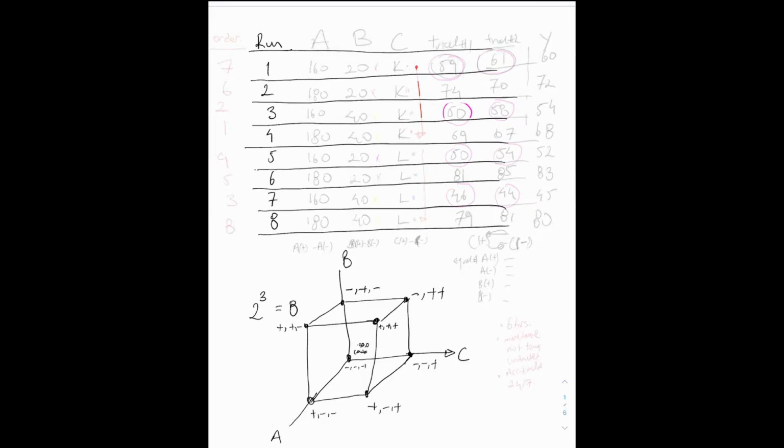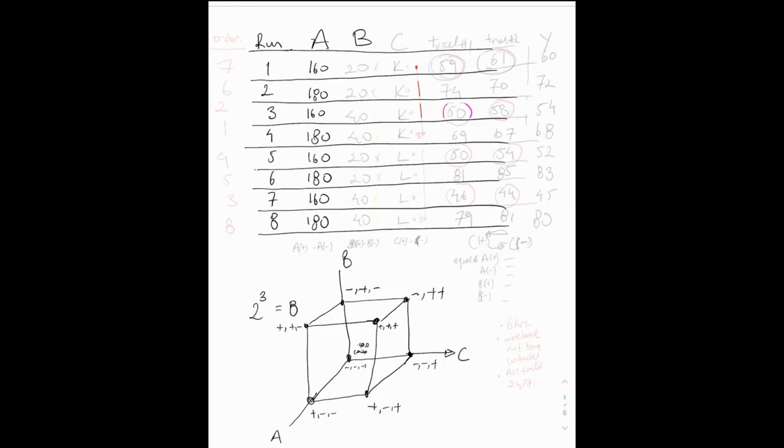So I'm going to write it this way. The factor A was 160, 180, 160, 180, 160, 180, 160, and 180.